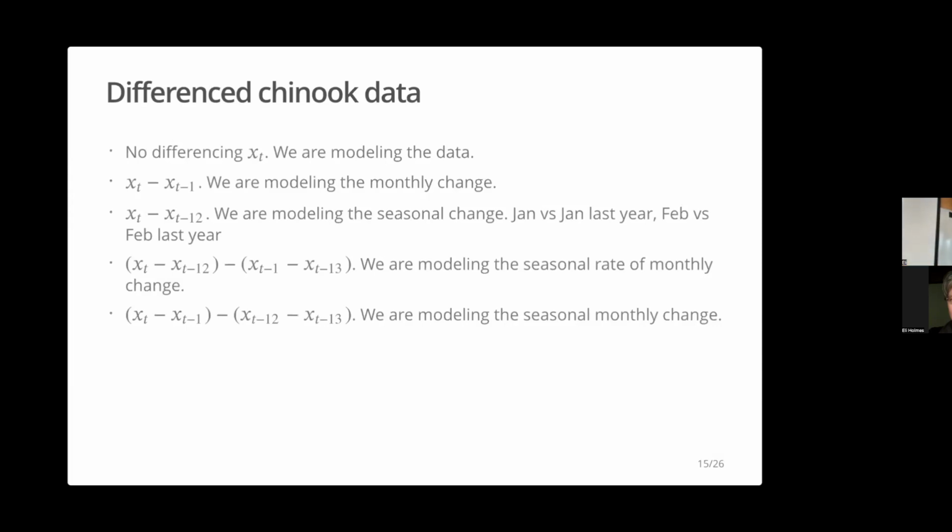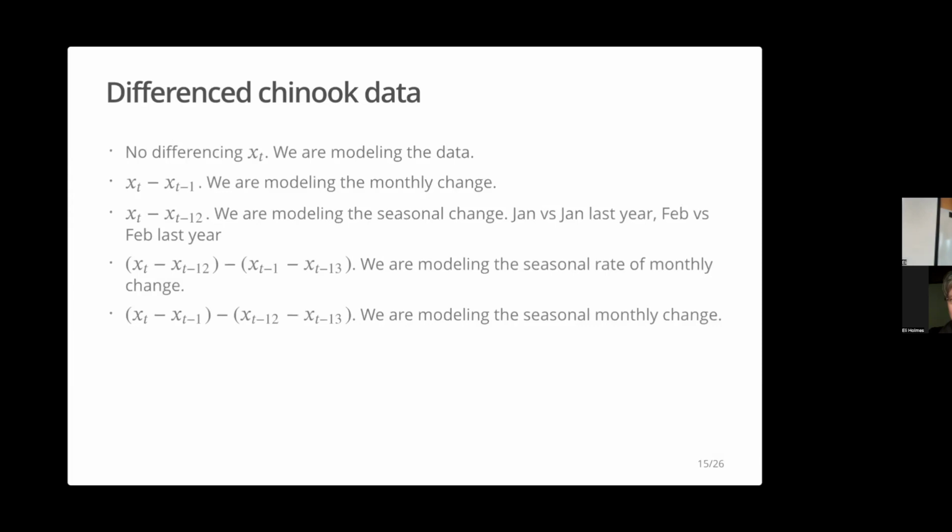Okay, so let's think about this differencing. If we did a first difference, just like that, what that's saying is we are modeling the monthly change. There's no seasonal effect in there. We don't need to account for seasonality. We're just going to model the monthly change.